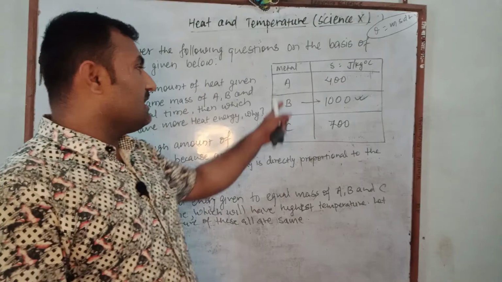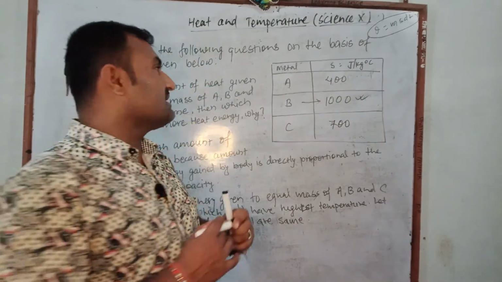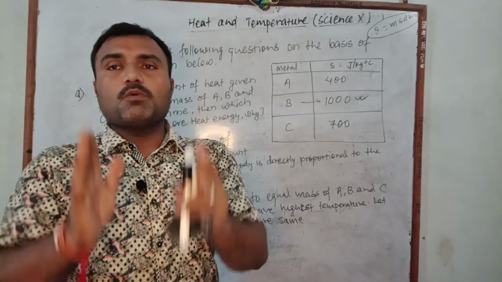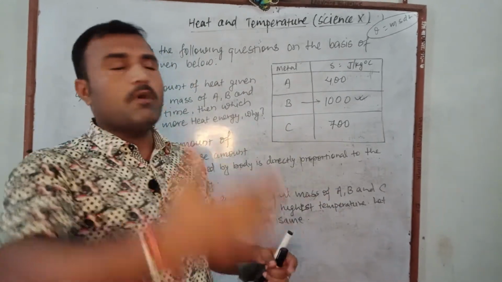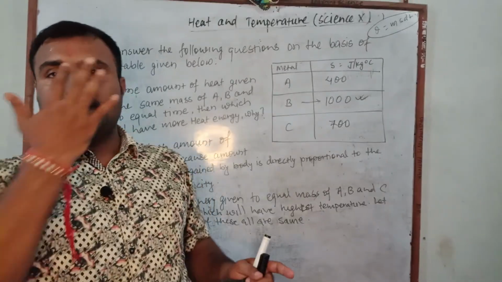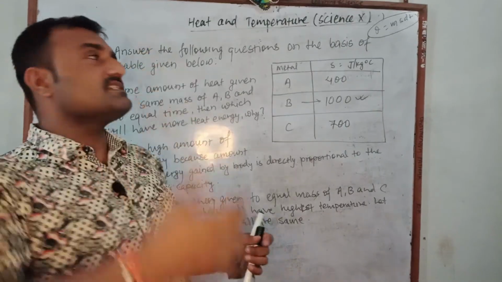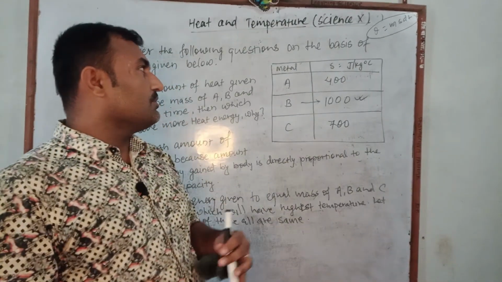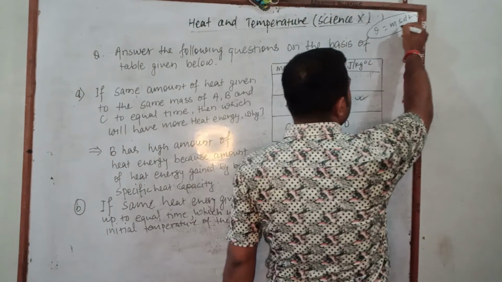If equal mass of these three metals have equal initial temperature, and the same amount of heat is given to all three for the same time, then which will have the highest temperature? Also, this question can be solved on the basis of the heat equation.